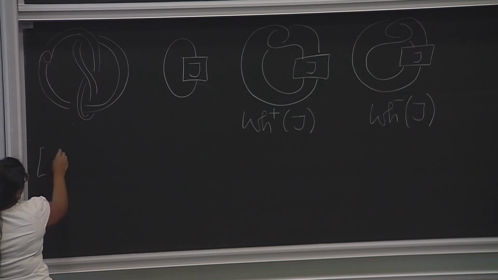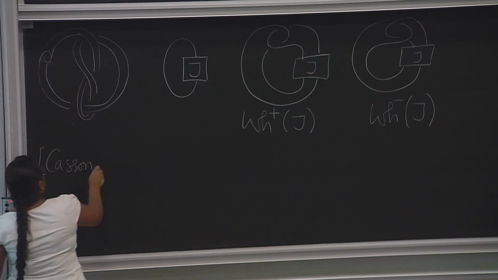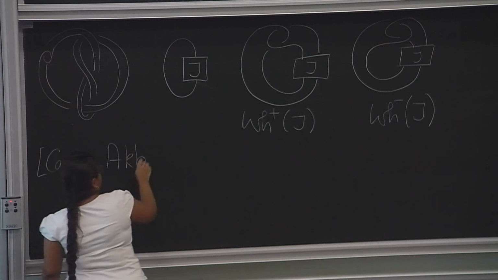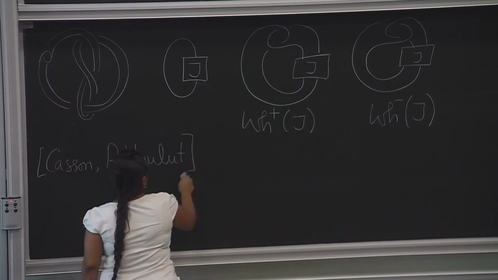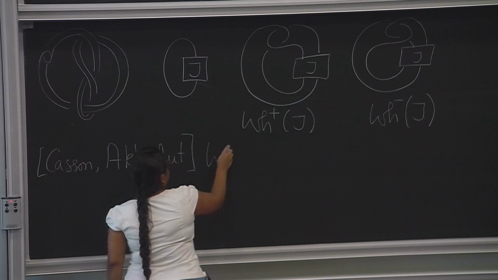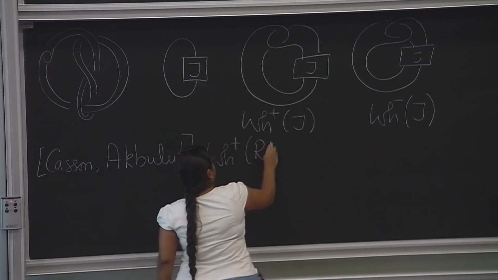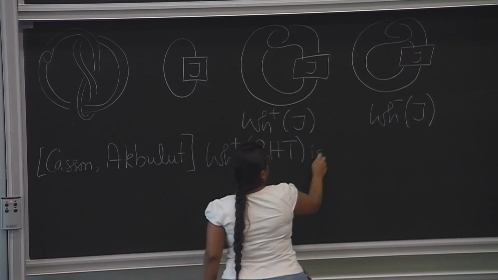Note this was first done by unpublished independent work of Kirby and Akbulut, that the positive Whitehead double of the right-handed trefoil is not smoothly slice.